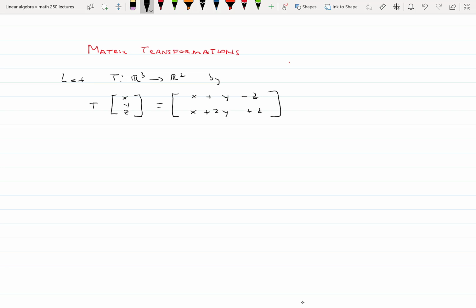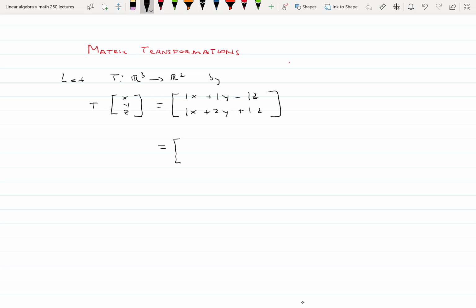Okay, we determined in our first example that this is a linear transformation. Now I'm going to factor this linear transformation in a specific way. I'm going to put the coefficients of x, y, and z in there: 1, 1, negative 1, 1, 2, and 1.